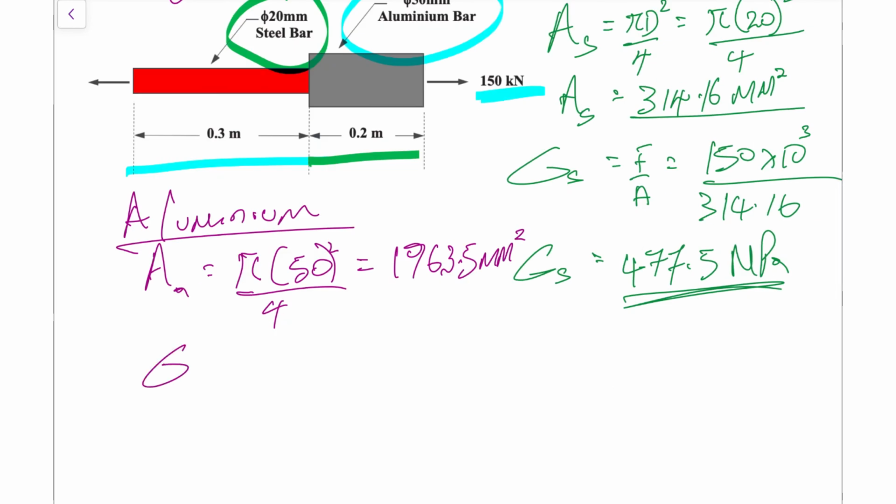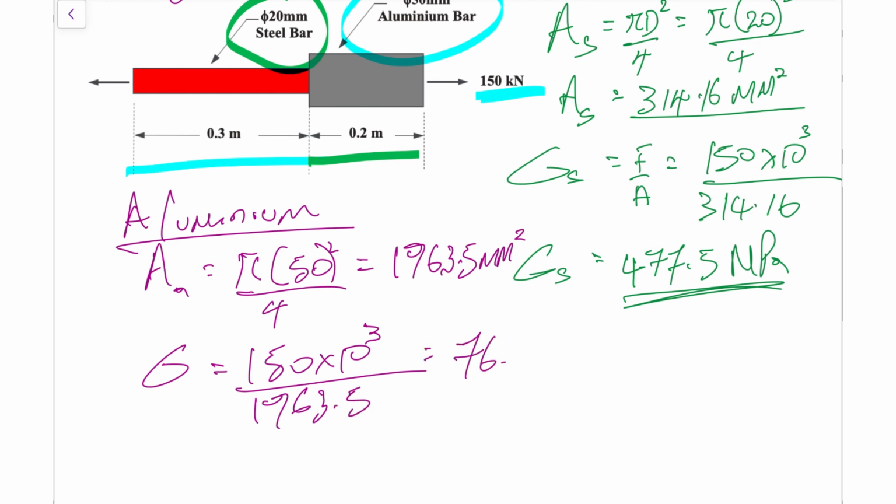Now to find the stress, it's the same force that we'll use: 150 kilonewtons divided by 1963.5. That gives us 76.4 megapascals. So that takes care of the stress in the aluminum bar, and that takes care of the stress in the steel bar.